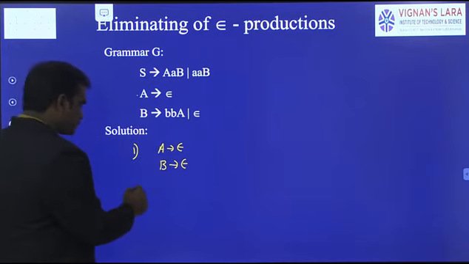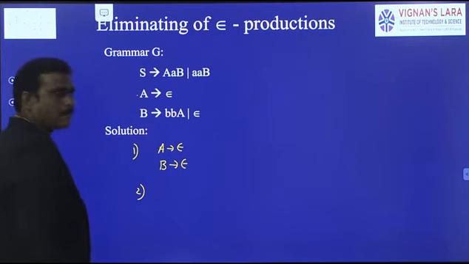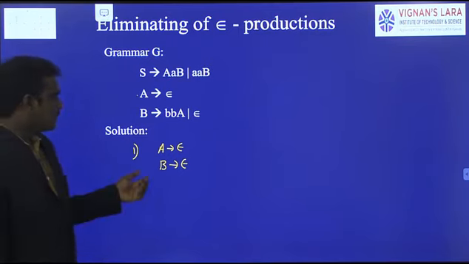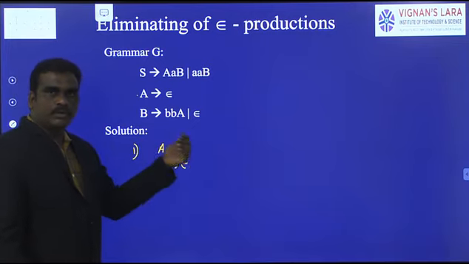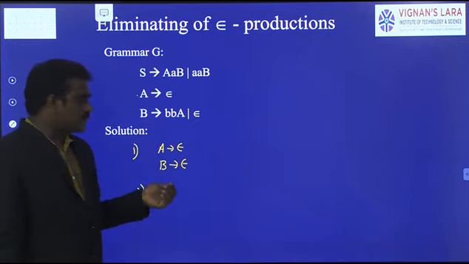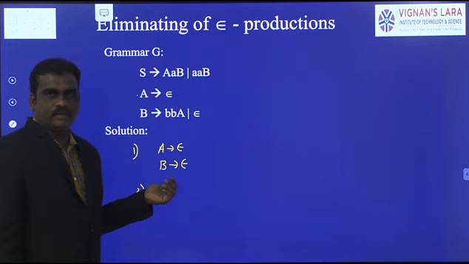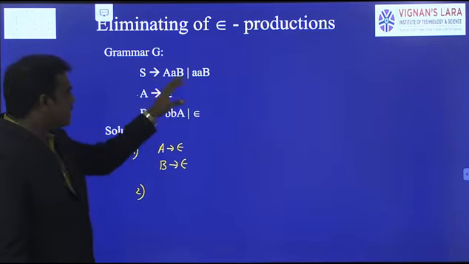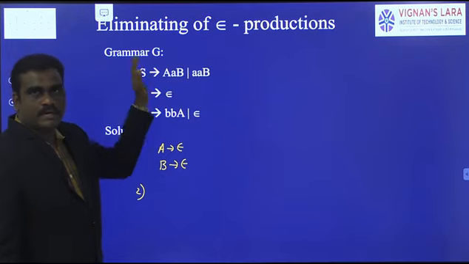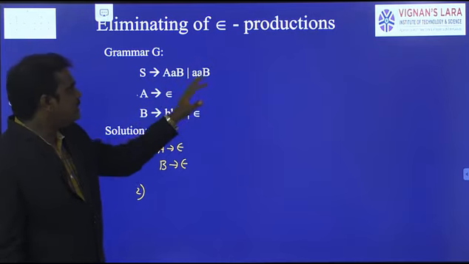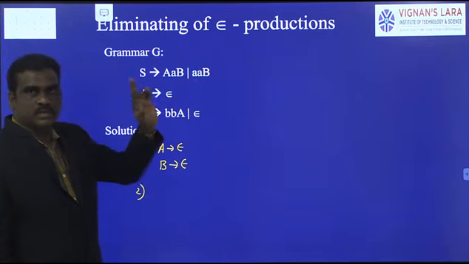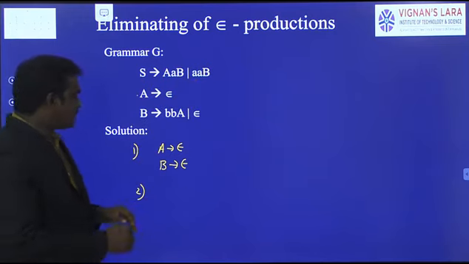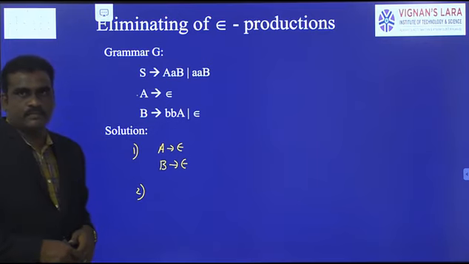Now step 2. I want to eliminate the nullable productions A and B. In step 2, in the given context-free grammar, we concentrate on the production right hand side, on the 2 symbols: one is A and another one is B. First we perform individually.